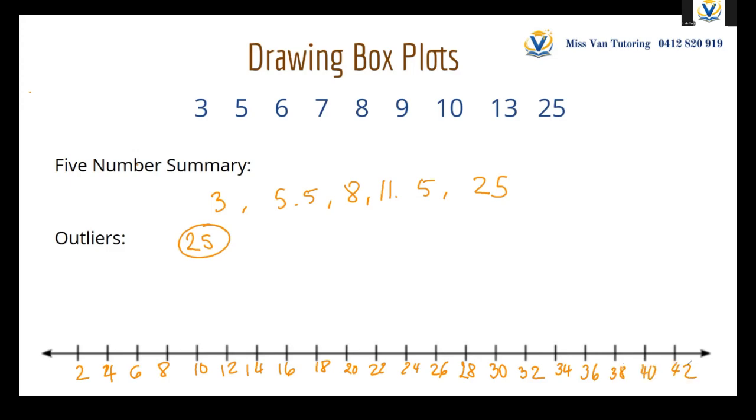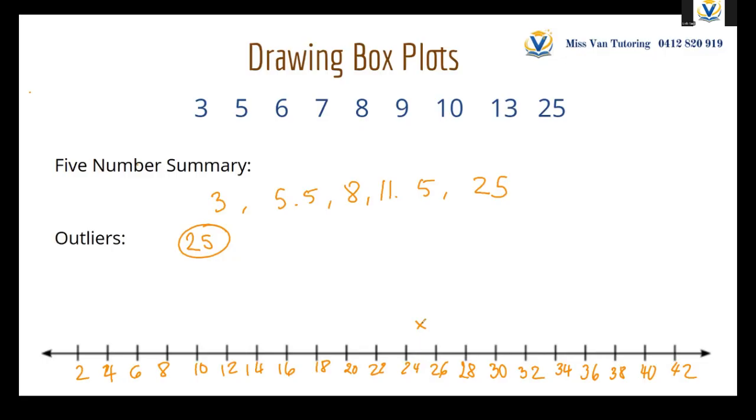All right, so now I've got my number line and I'm going to draw my box plot. I would start with my outliers. My outlier is 25, so it would be just a little cross right here. Now your outlier and your maximum are the same number, which can't be.